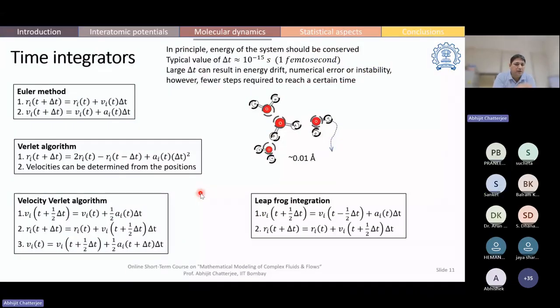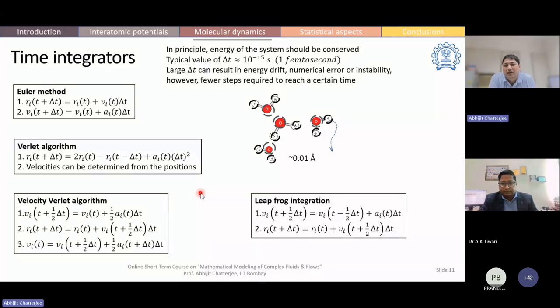Yeah, so you have partly answered your question. In terms of the numerical error and the stability, if you were to compare these different methods with the same delta t, you would find that velocity Verlet has all these nice numerical properties.